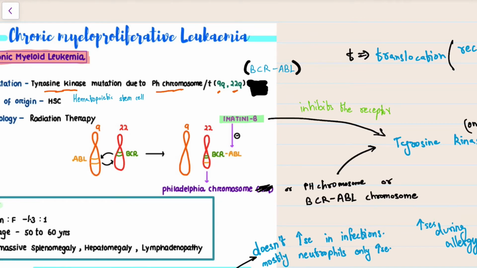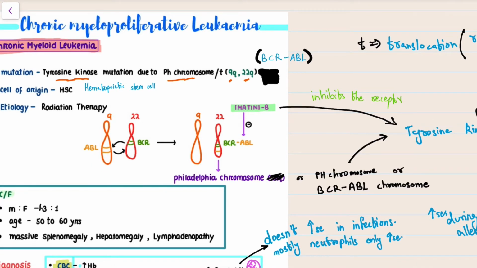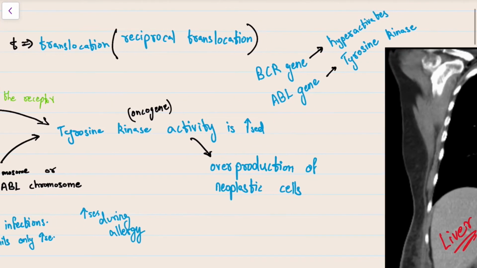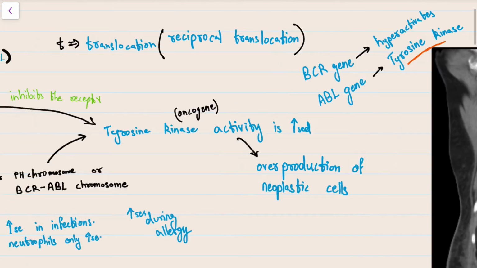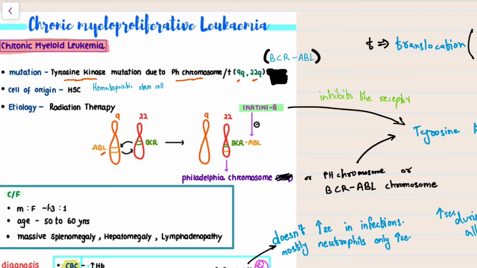So what happens is, in a normal 9th chromosome, there's the ABL gene. This ABL gene gives rise to tyrosine kinase, and the BCR gene is present in the 22nd chromosome.